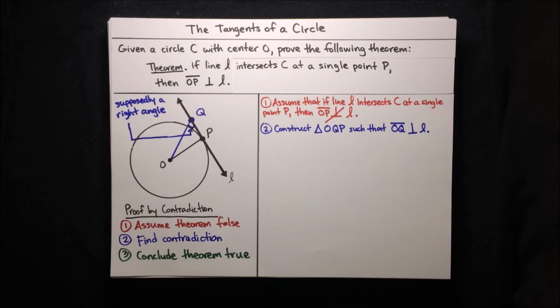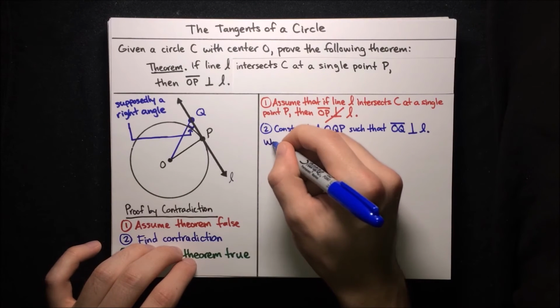Now, the reason that we know Q exists is because given any point and any line, there is always a segment through the point which is perpendicular to the line. So let's go ahead and write that down.